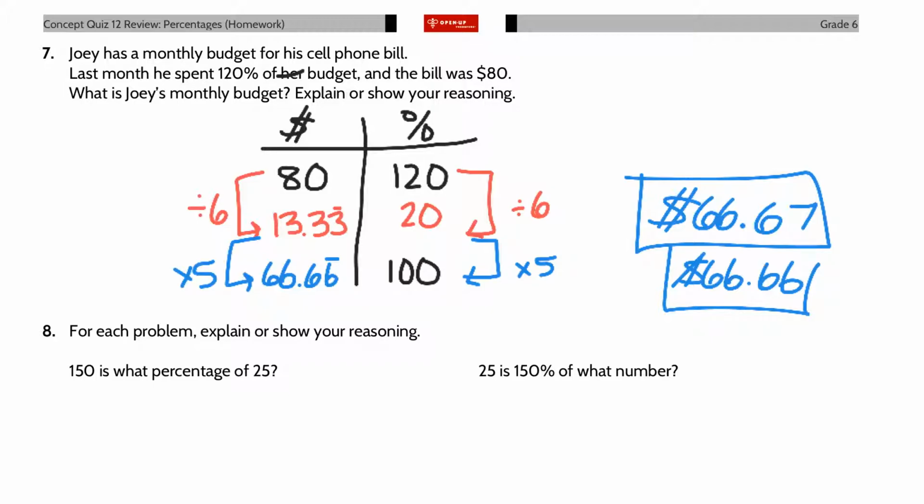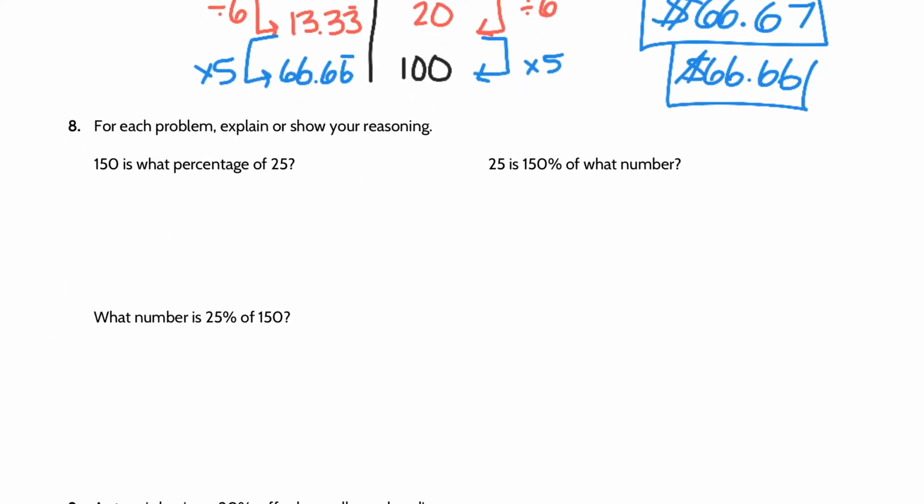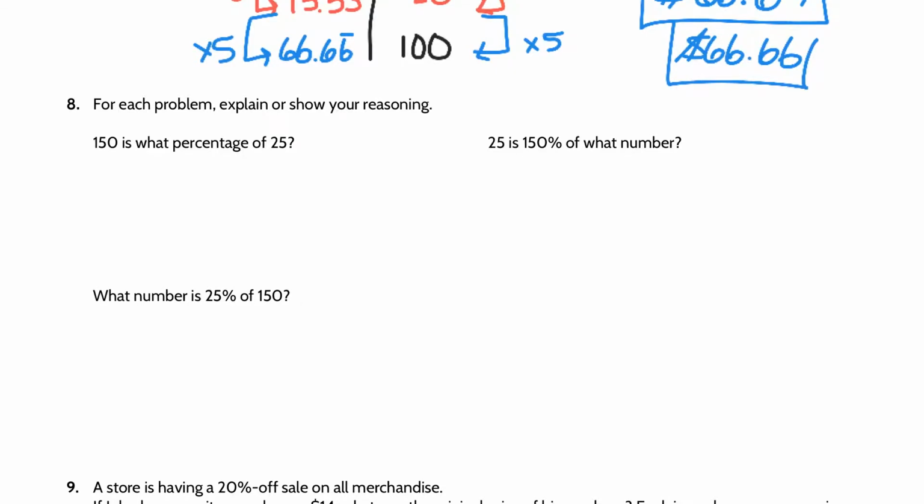For each problem, explain or show your reasoning. 150 is what percentage of 25? If we look at our number versus percentage table here, 150 is what percent of 25?